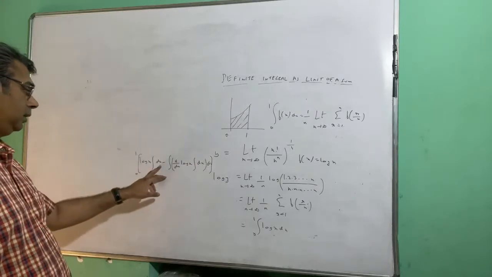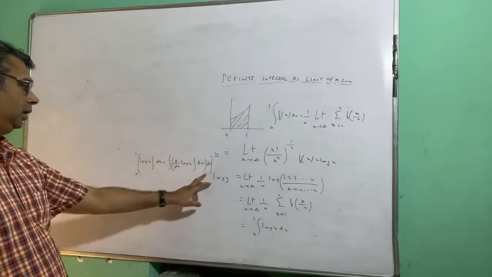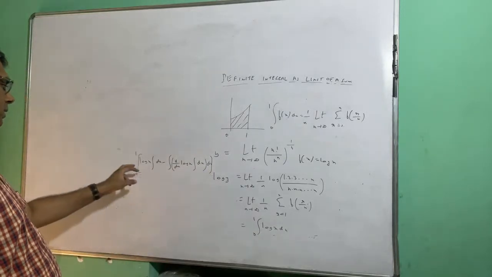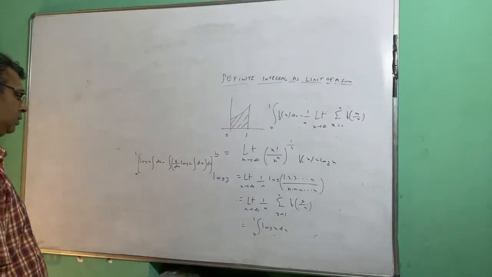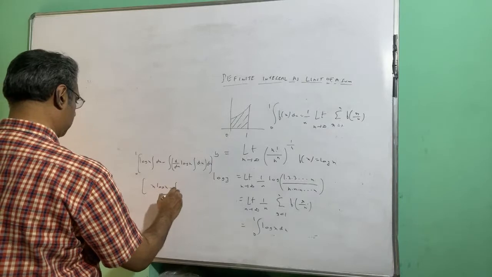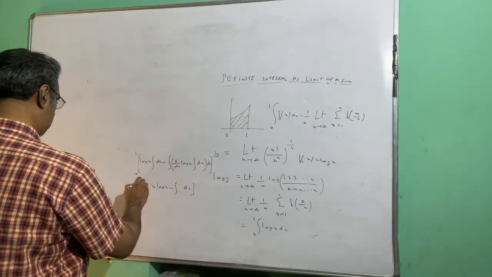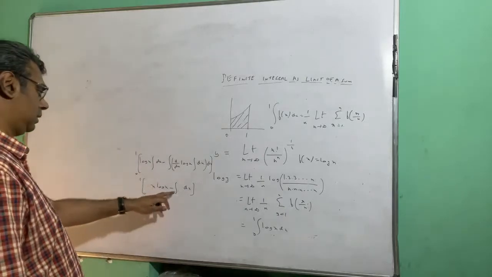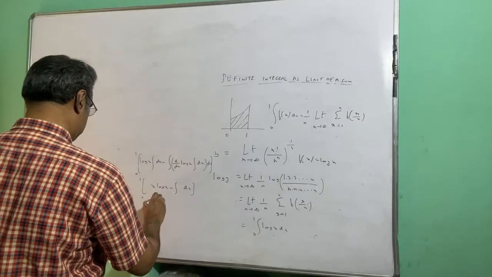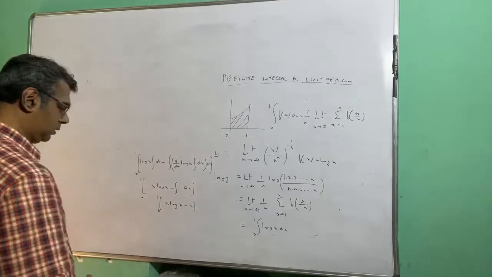So log x integral dx minus integral d/dx of log x times integral dx, the whole thing integral dx from 0 to 1. So this method is the method of by parts. So this will be x log x and then minus integral dx. So this is 0 to 1, x log x minus x.